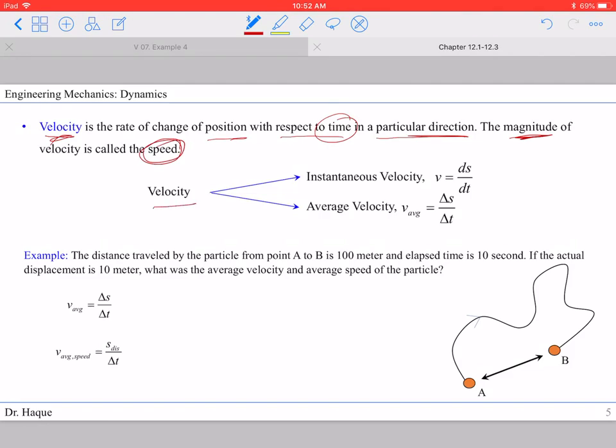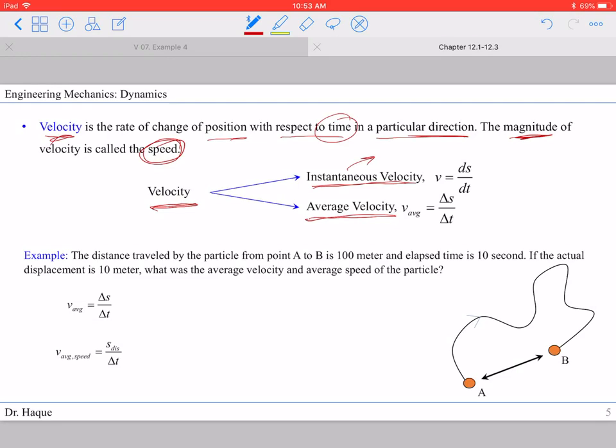Velocity can also be represented in two ways. One is instantaneous velocity. The second is average velocity. Instantaneous velocity is the velocity at an instant, and average velocity is the average over the entire motion, from start to end point.